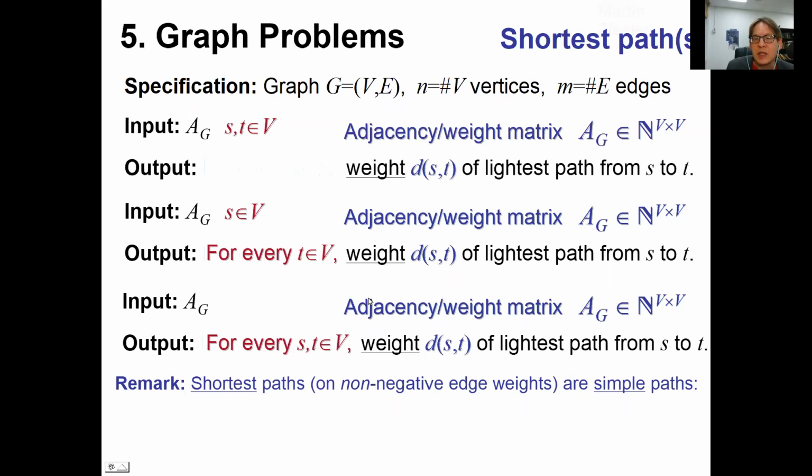Usually, intuitively, when pursuing more edges, the weight should increase. But if we have negative edge weights, then pursuing more edges can actually decrease the weight. And thus, if there's a negative cycle, then repeating that cycle can make the weight arbitrarily small and negative. And this is a paradoxical problem.